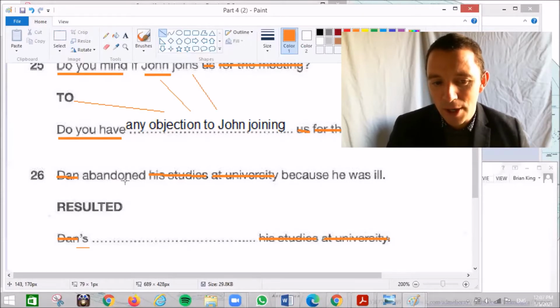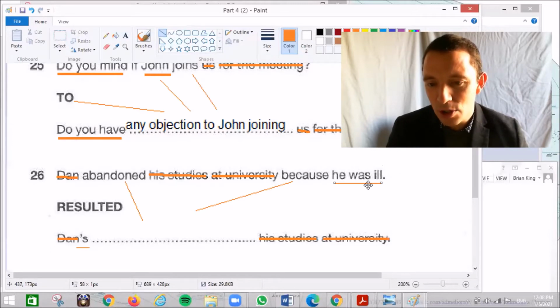Okay, we need to include abandoned. We need to include probably because, and possibly this structure as well, ill. So the only possibility with possession in this sentence is related to ill. So ill is the adjective, and we need to transform the adjective to the noun because it's possession.